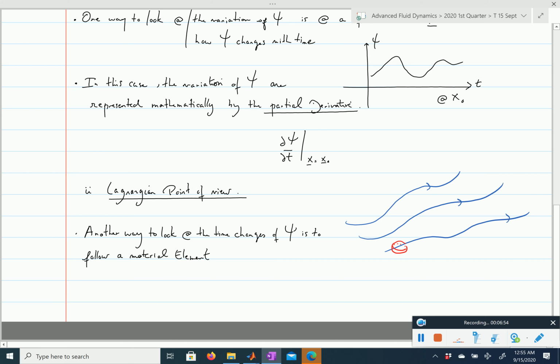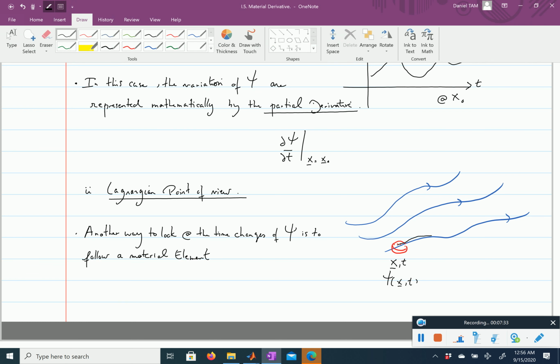a piece of the fluid. This fluid element here is at a certain location x at a certain time t, and the value of psi here is psi at x and t. Then because there is flow, this material element of fluid, the molecules of the air or the water, is going to be transported.